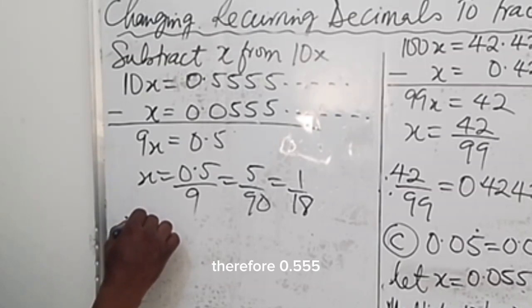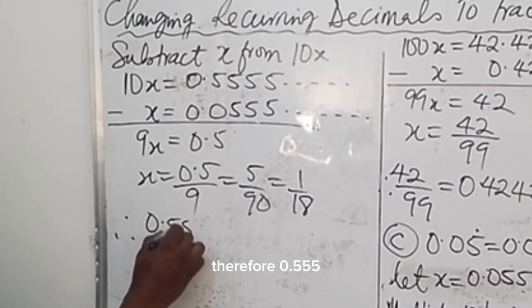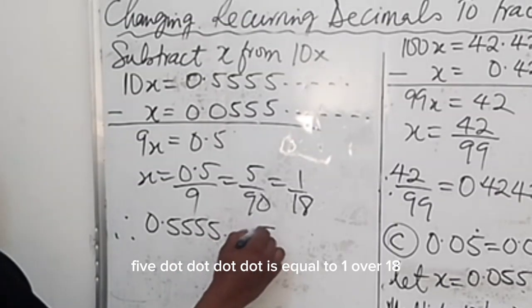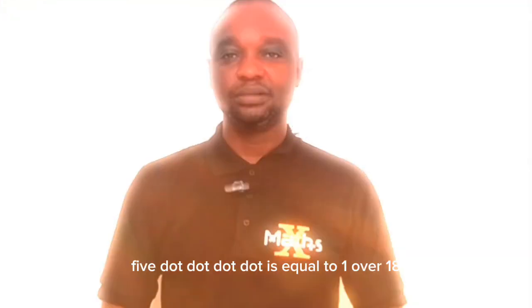Therefore, 0.05555 dot dot dot is equal to 1 over 18.